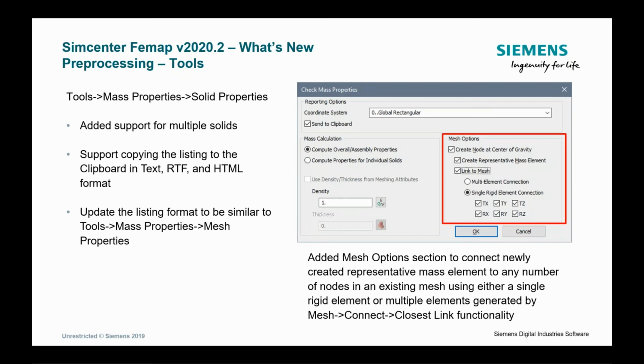So you can accurately represent the inertia and the mass distribution of the vehicle without modeling all this extraneous detail that's going to drive your runtimes up. So it's an easy way to strip out non-structural geometry and add a connected mass element in its place.